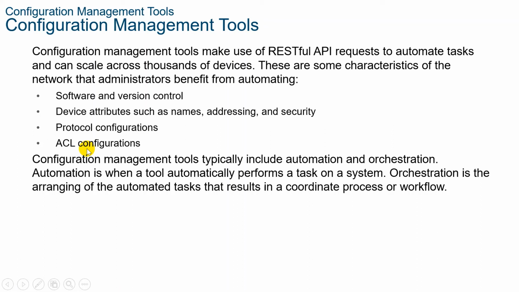So automation is where a tool automatically performs a task on a system. This might be configuring an interface or deploying a VLAN. Orchestration is the process of how all these automated activities need to happen, such as the order in which they must be done, what must be completed before another task is begun.